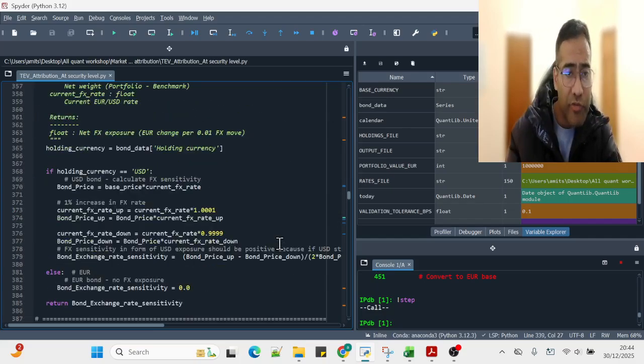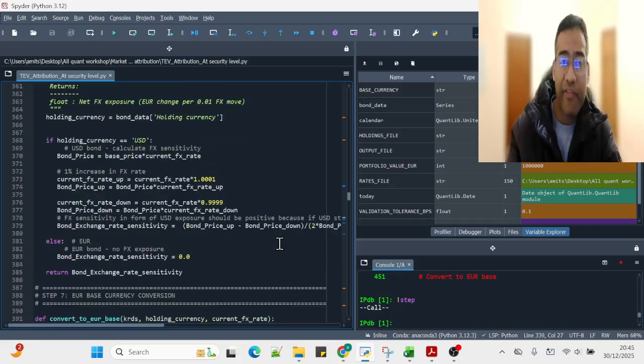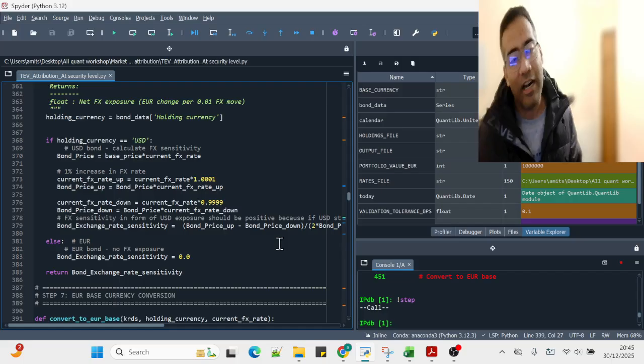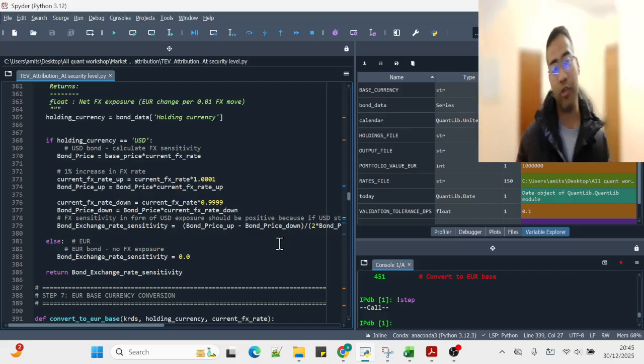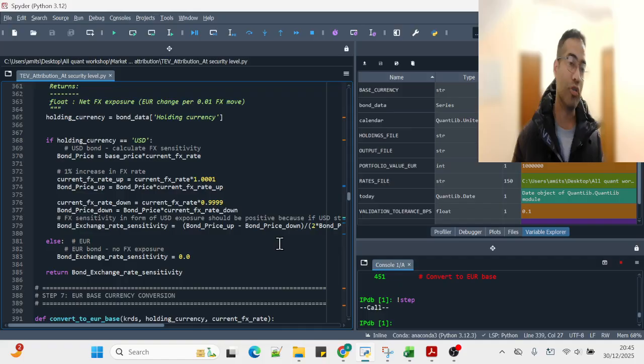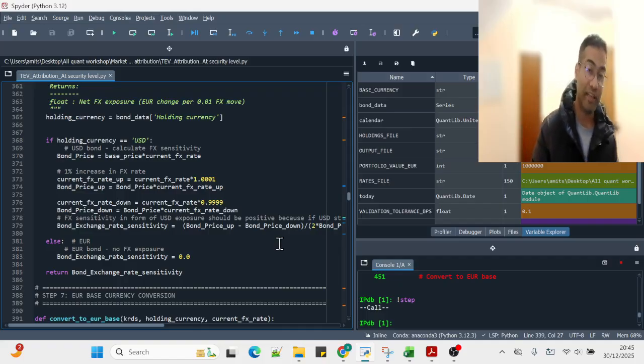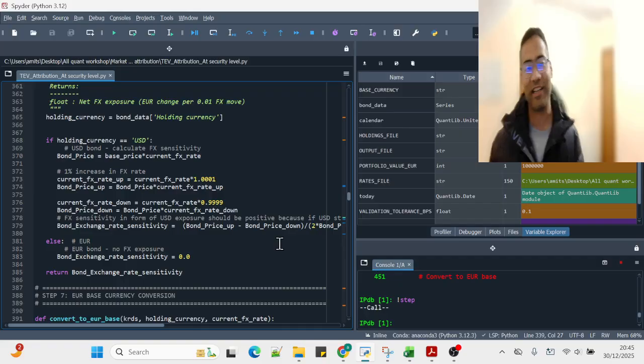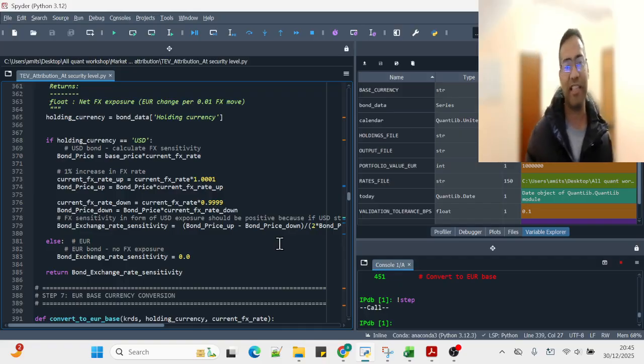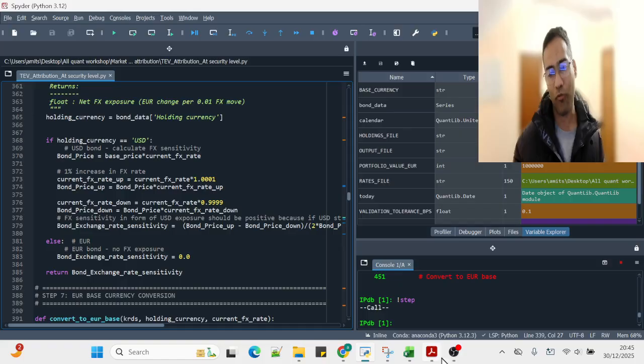Now the third one is for FX. Why is FX important? Because almost half of my positions are in non-base currency. When those non-base currencies convert to base currency, there is FX risk. And there is no hedging in my portfolio. There are no forward contracts.